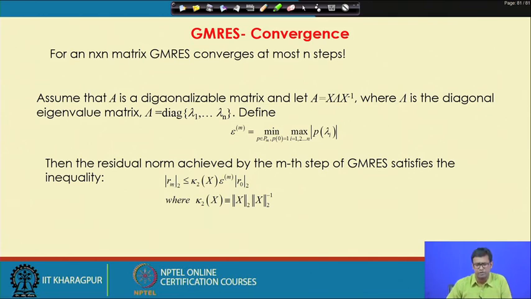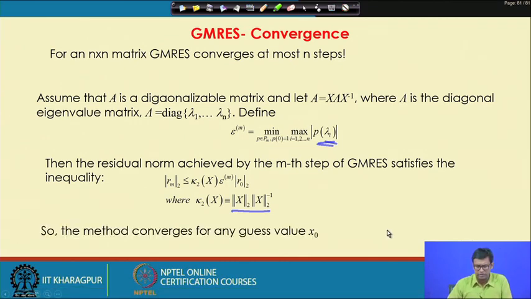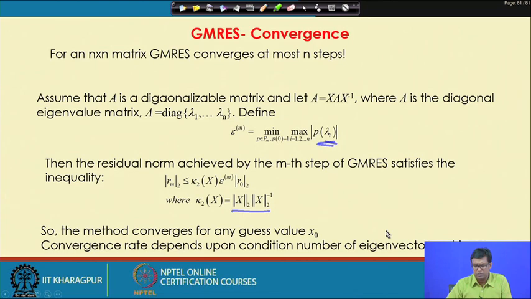So, it should converge for any R0, and the convergence rate depends on the eigenvalues of A and the condition number of the eigenvectors. So, the method converges for any guess value x0. The convergence rate depends on the condition number of the eigenvector matrix, not of the matrix itself, and on the eigenvalues of A also.